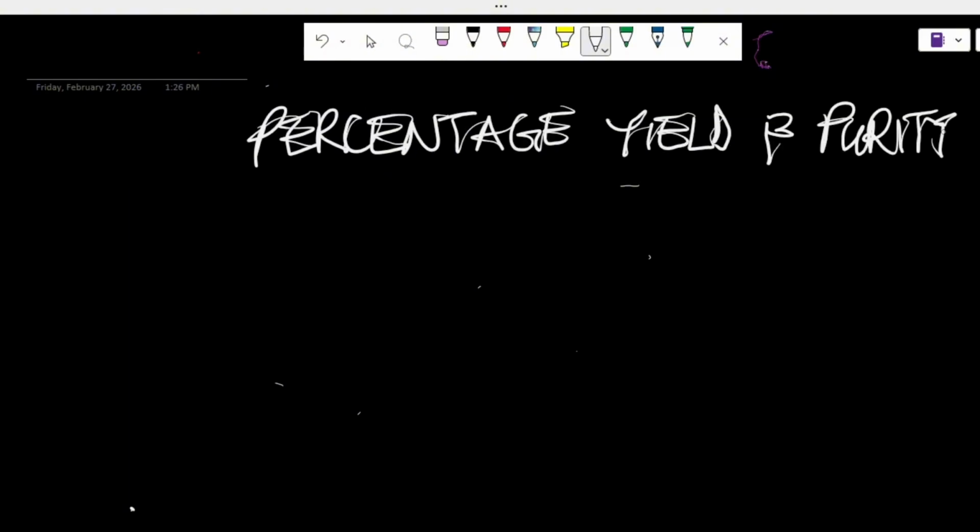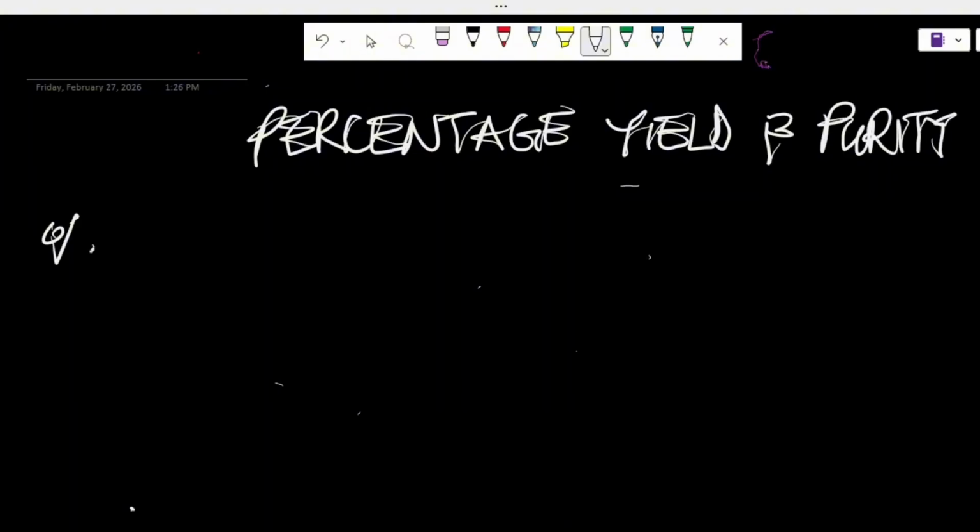Now the next thing that we are going to talk about is actually the percentage yield. Now usually when you're talking about the percentage yield, you're talking about the percentage that you're going to get when you divide the actual yield by the theoretical yield.